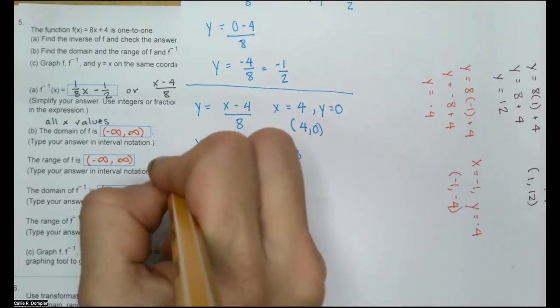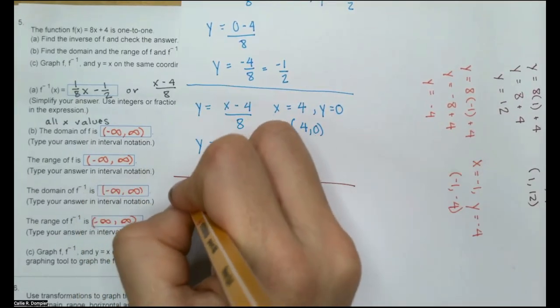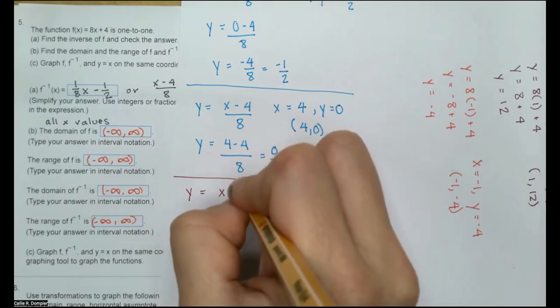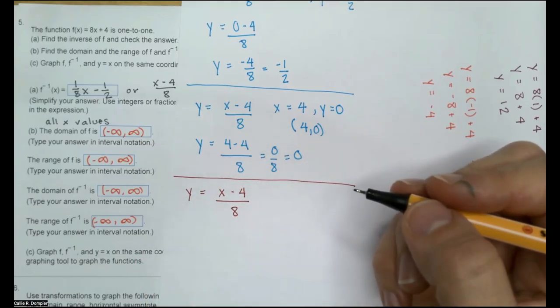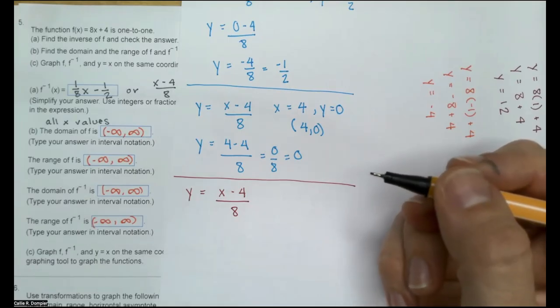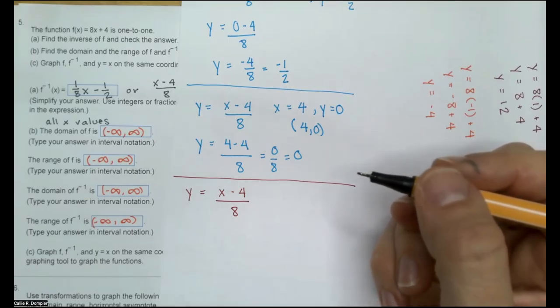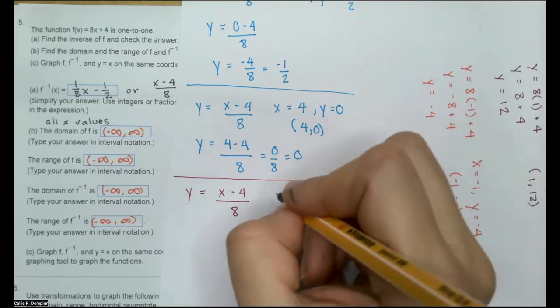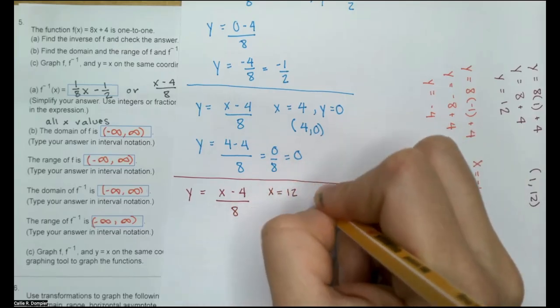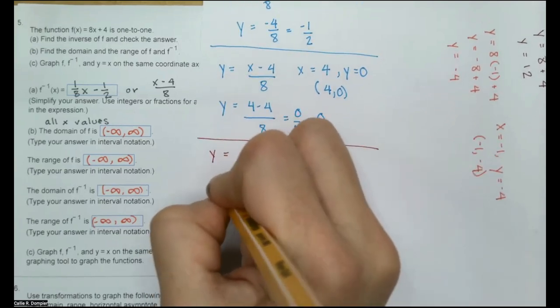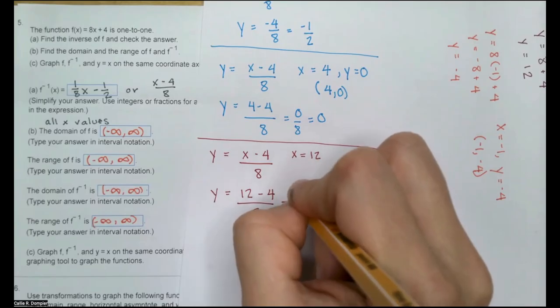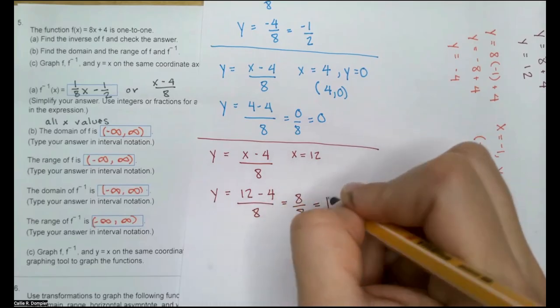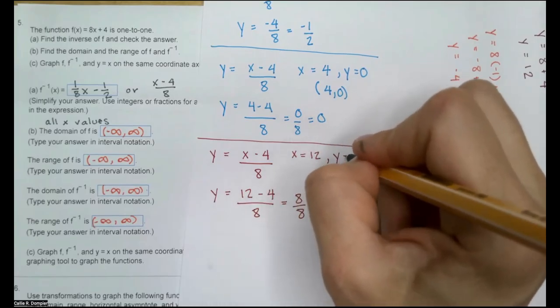Now I'll find two more points. What would be an easy one here? 4 was easy. How about 12? When x is equal to 12, y equals 12 minus 4 over 8, which is 8 over 8, which is 1. So when x is equal to 12, y is equal to 1.